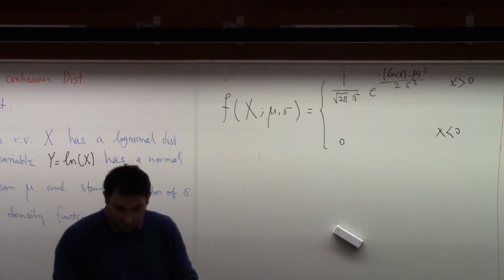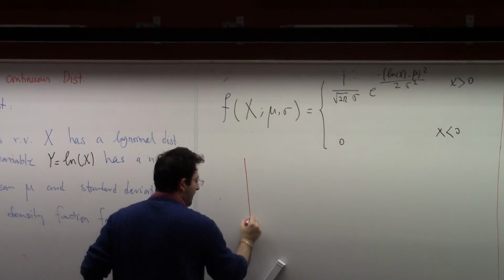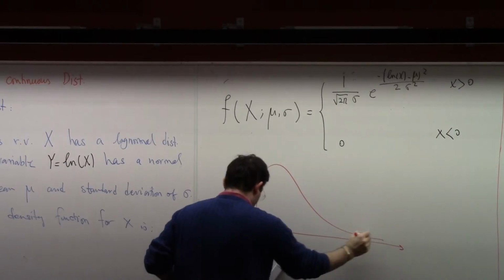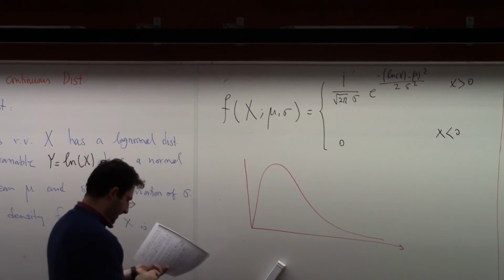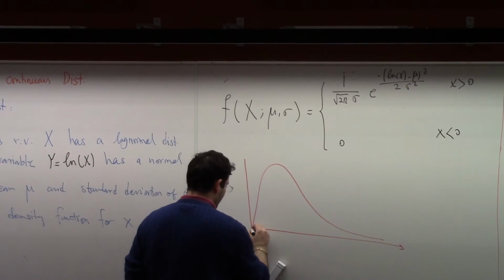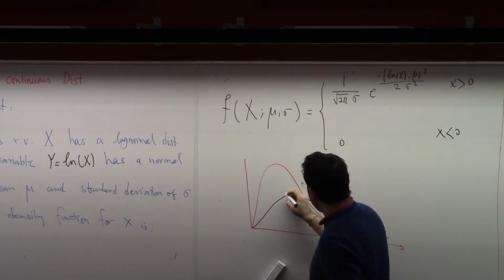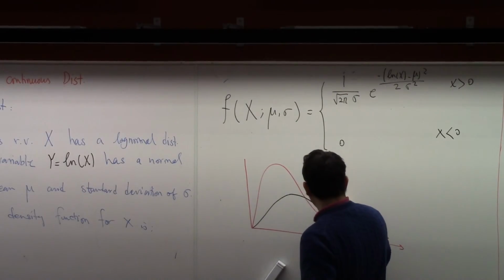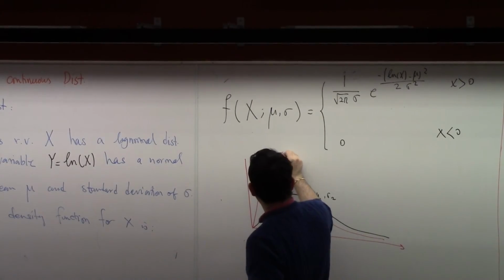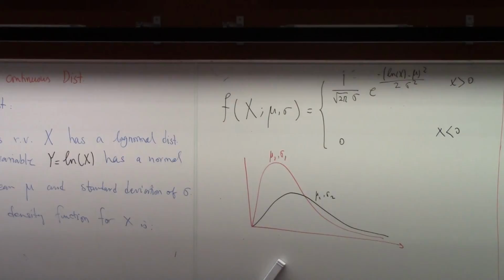In other words, if we draw this distribution, we can see that mu1 sigma 1 is less than mu2 sigma 2.